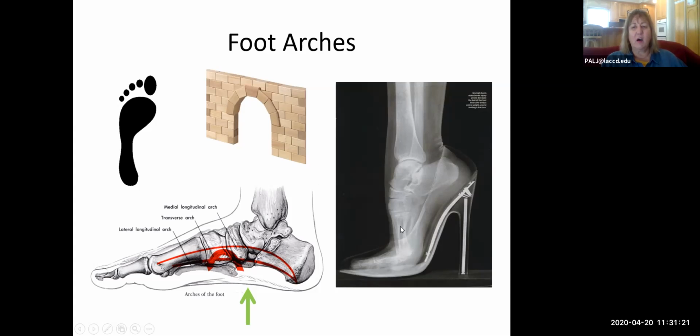It is going all the way down to the heads of your metatarsals, thus giving you more instability and putting your weight where it was never meant to be put. So think about that the next time you want to wear those really high heels, like for your wedding. Okay, just wear the flats, be more comfortable, have a lot more stability.